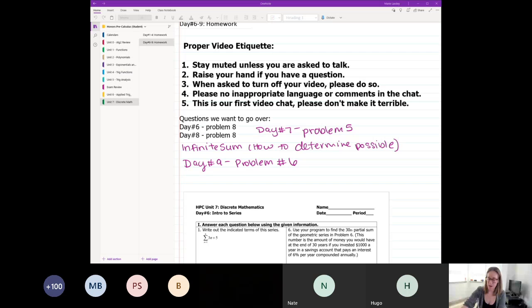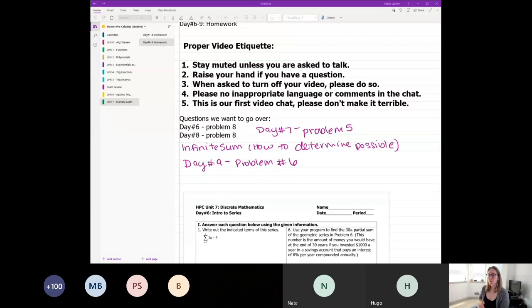In number 7, this was a geometric series, and we had a ratio of 0.9. This also goes into the question above where it says, how do you determine the infinite sum? How do you know if it's possible?